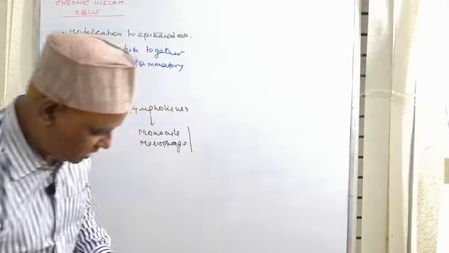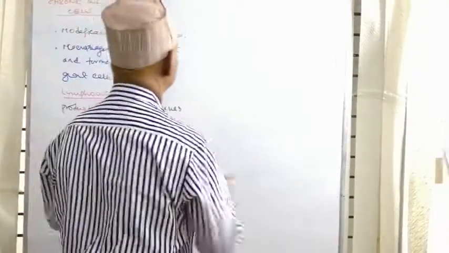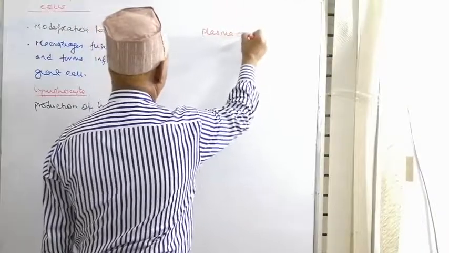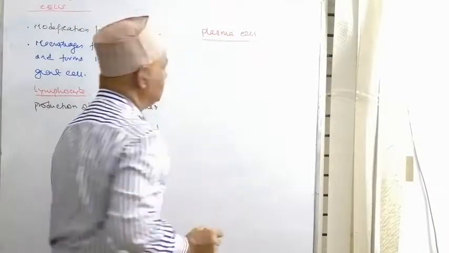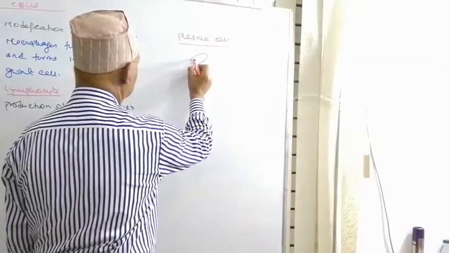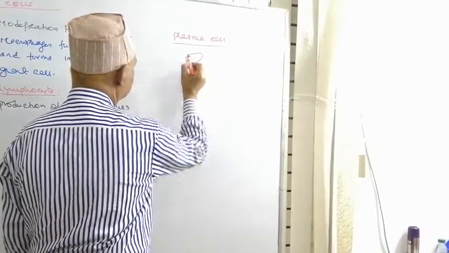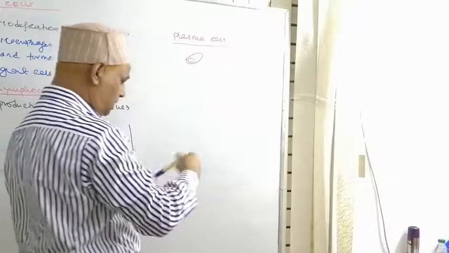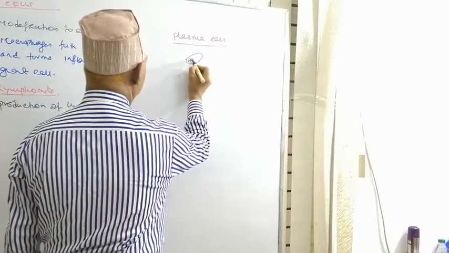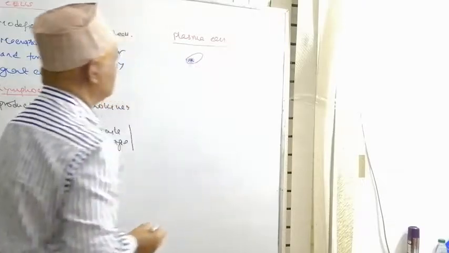Now come to plasma cell. Dear audience, you know plasma cell like this. The nucleus is eccentrically placed and there is cartwheel appearance. So this is the plasma cell.